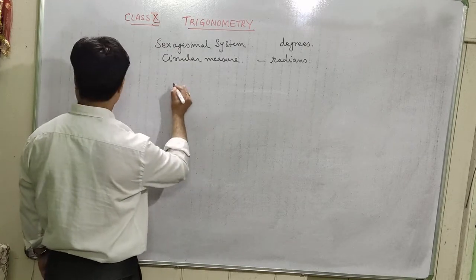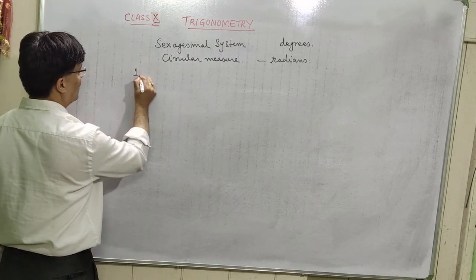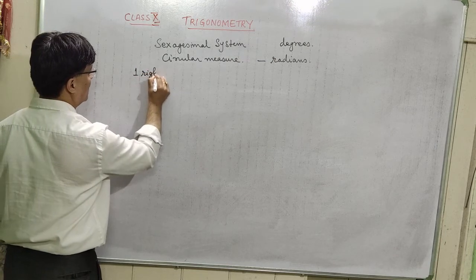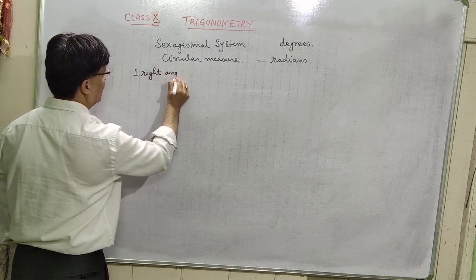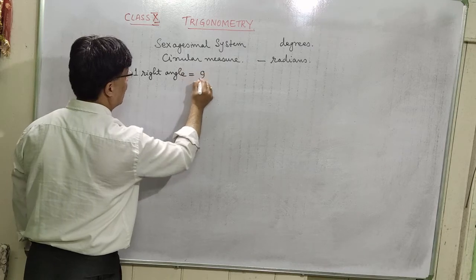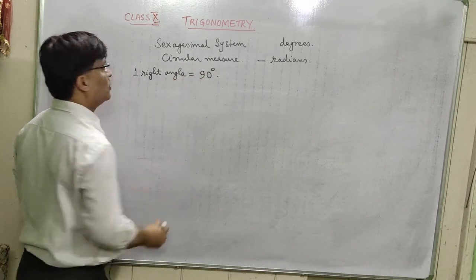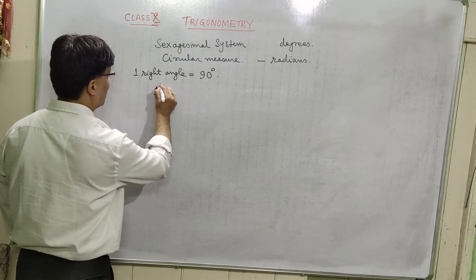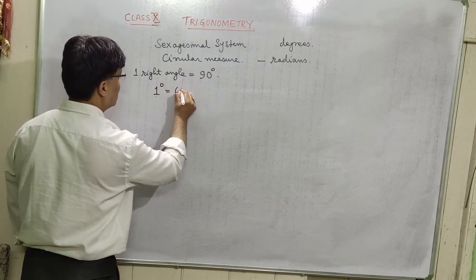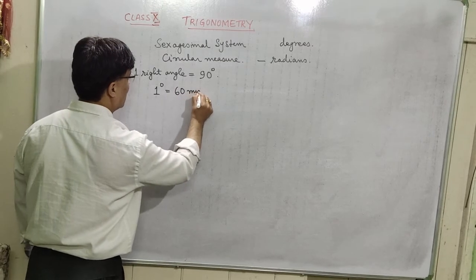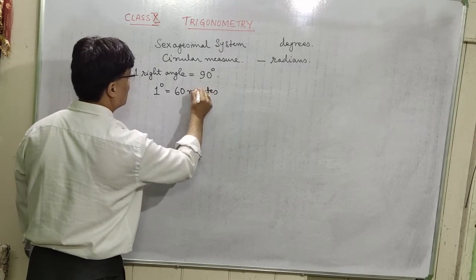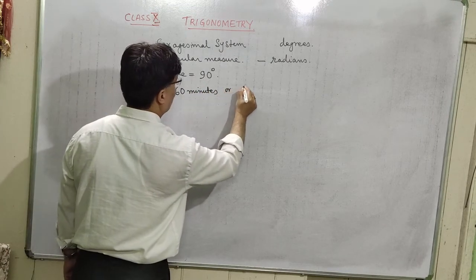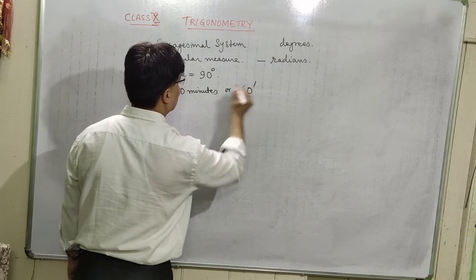So you know that one right angle is equal to 90 degree. 1 degree is equal to 60 minutes, or you may write it as 60 dash.